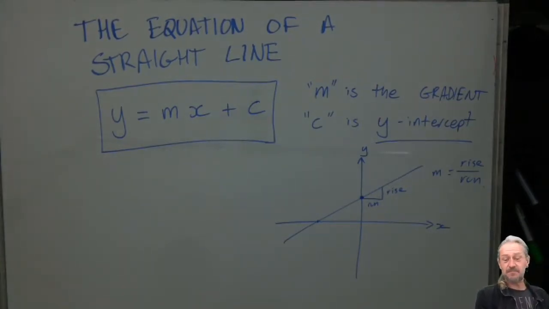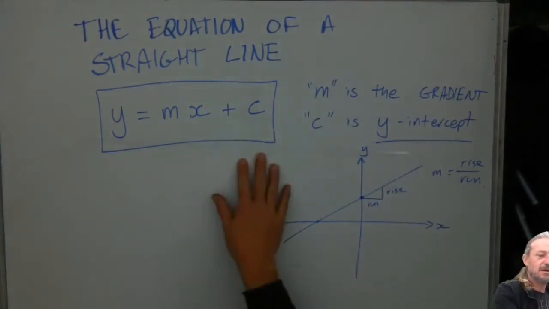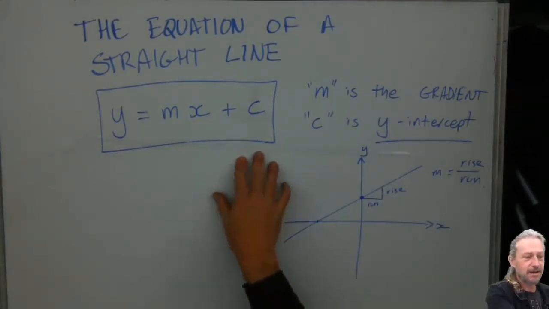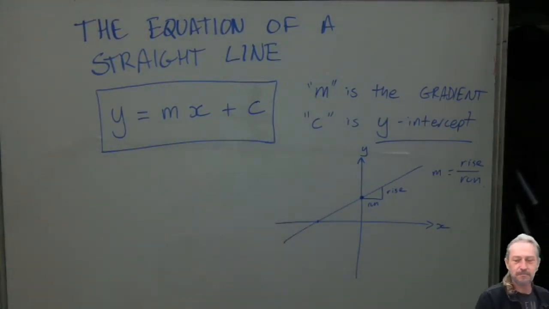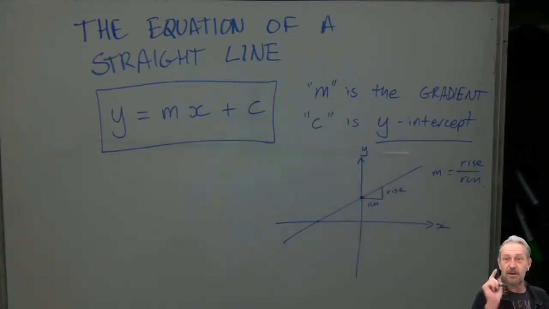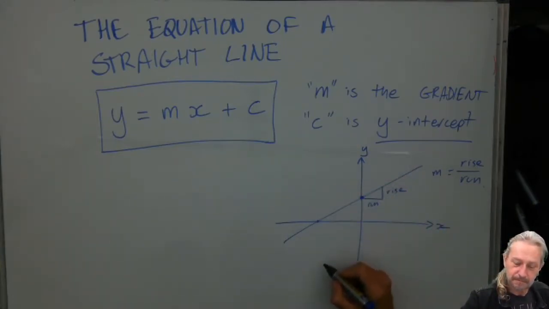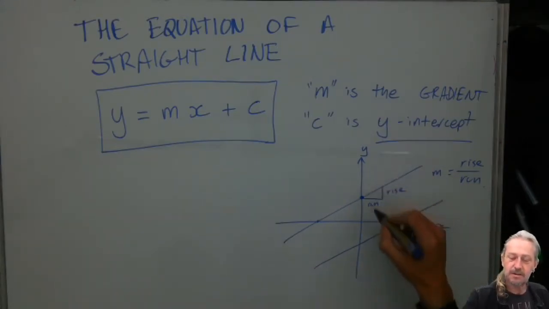So essentially, in linear algebra, all lines can take this form, and we could have another line with the same slope. So they'd essentially be parallel lines.